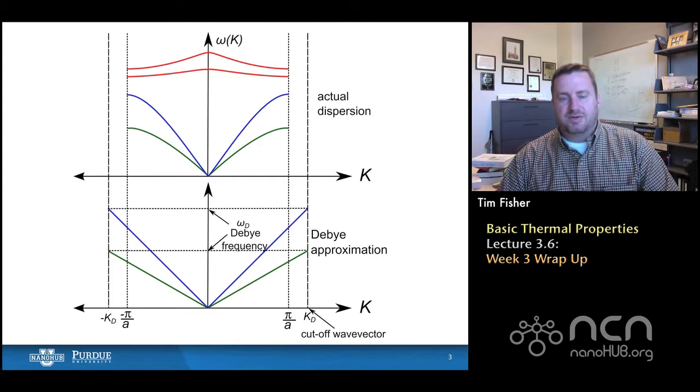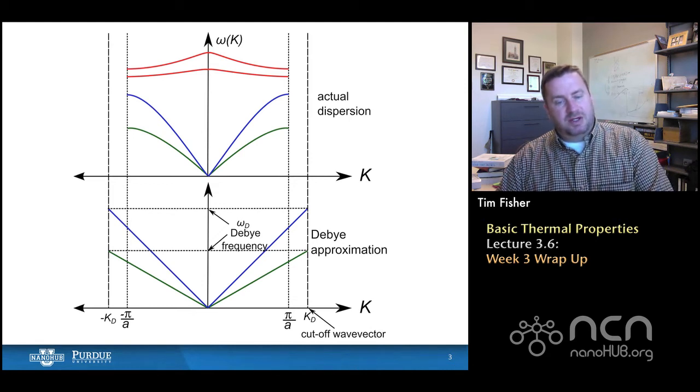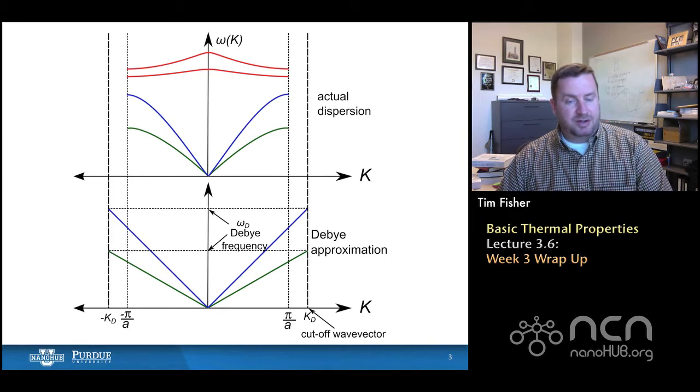The distribution function potentially would, but we have to limit the frequency. We do that by making sure we include just the right number of allowable k states in the material, no more, no less. By doing that, we define a Debye cutoff wave vector, and when we translate that to the frequency axis, that gives us the Debye frequency.